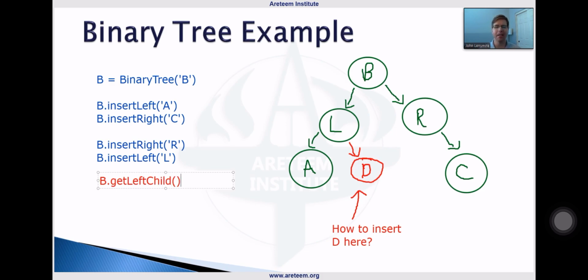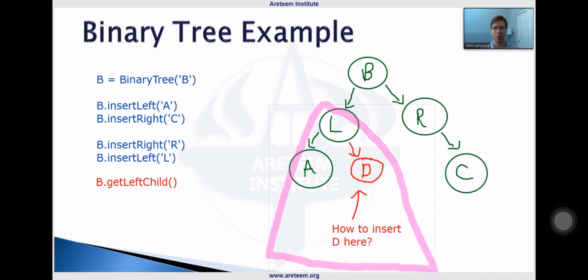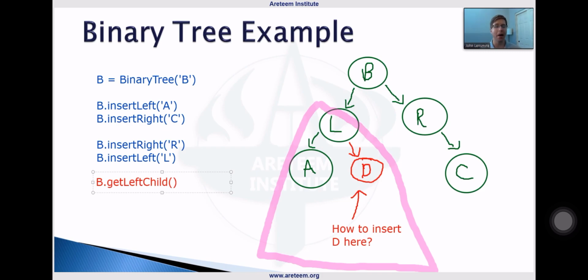Now at this point, instead of working with B, we're working with the node or the subtree starting with L. As soon as we call this command, we're in this subtree right here, this smaller tree that we're working with.